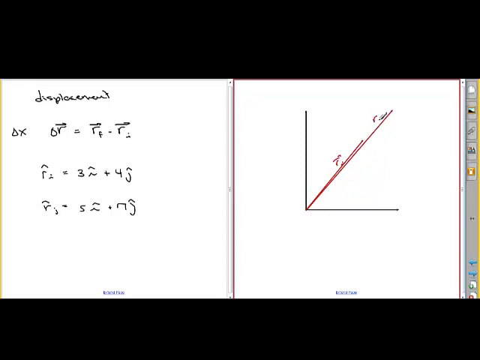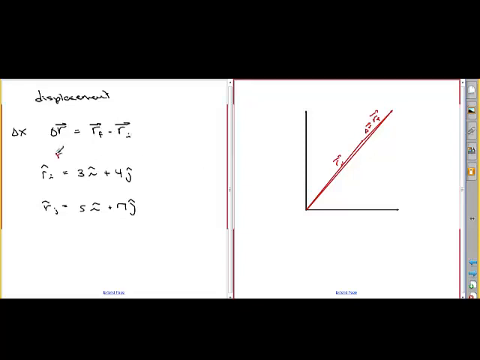So we'll call that our final. Delta r would be this vector. So that when we take the initial vector and we add the change in vector, we get our final, or delta r is our final minus our initial.